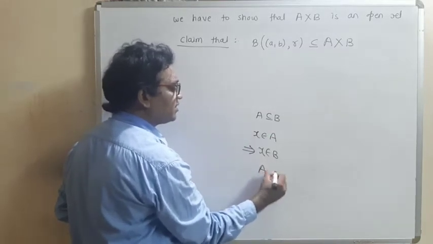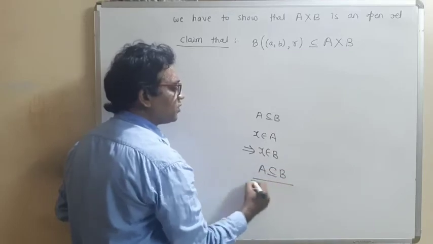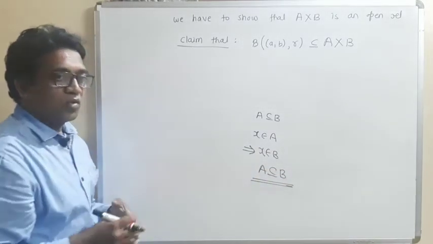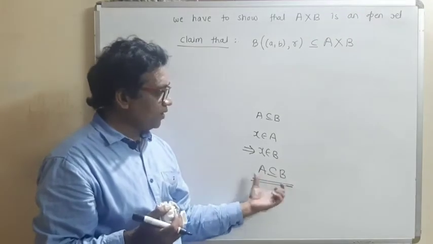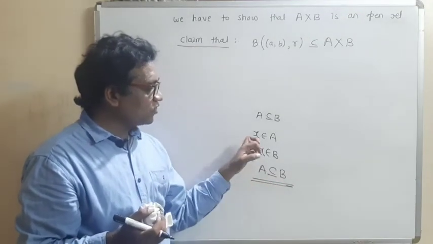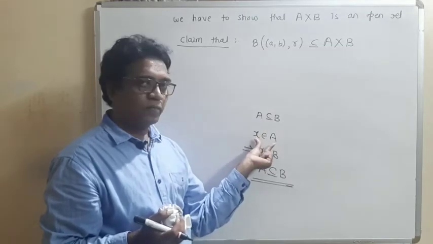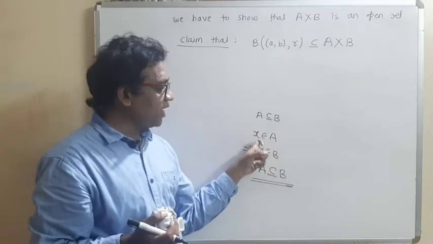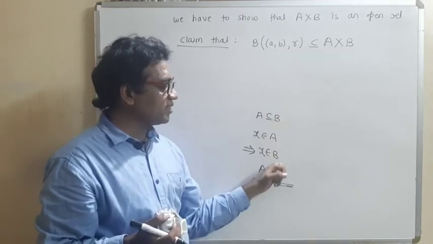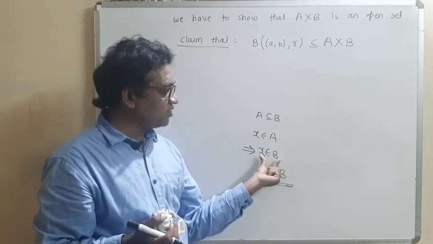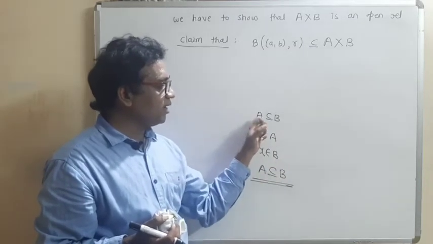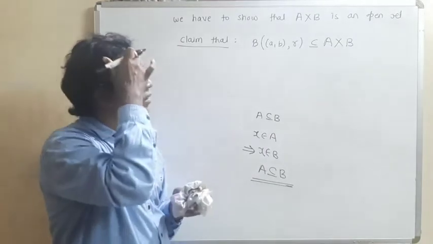Then and only then can we say that the first set is a subset of the second set. Subset relation means first of all take x present in the first set and show that the same element is present in the second set. If we show this result, then we can say that A is a subset of B.